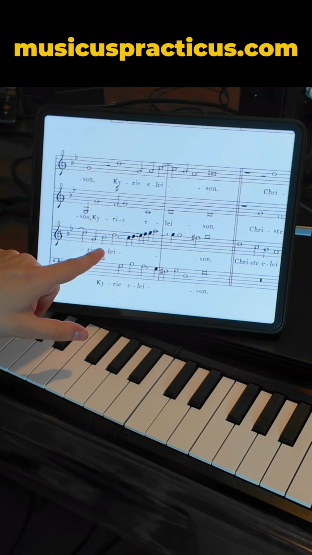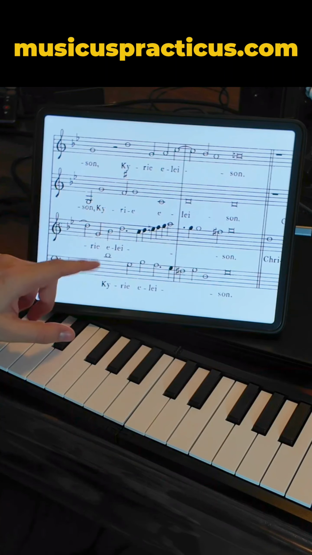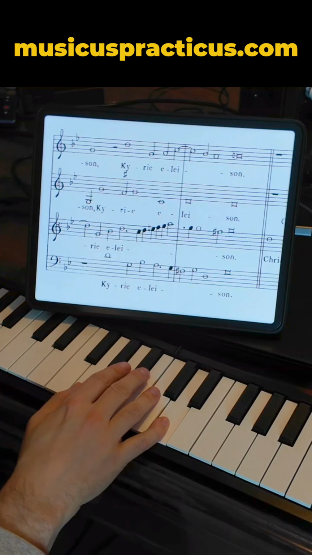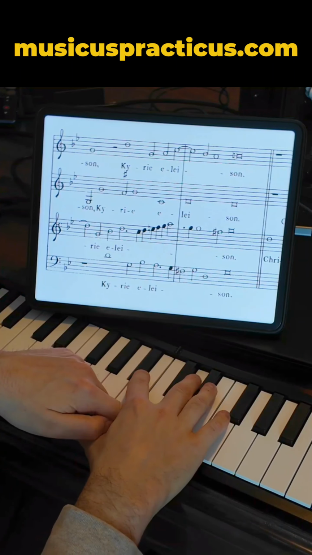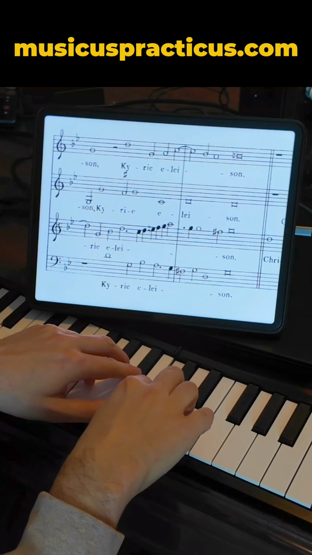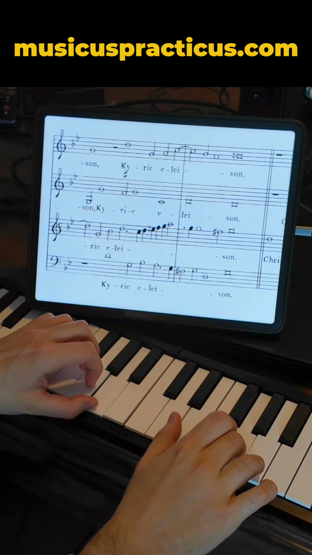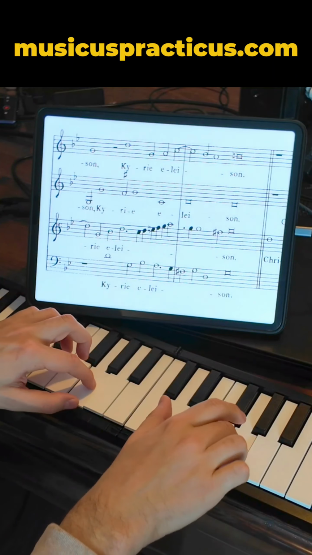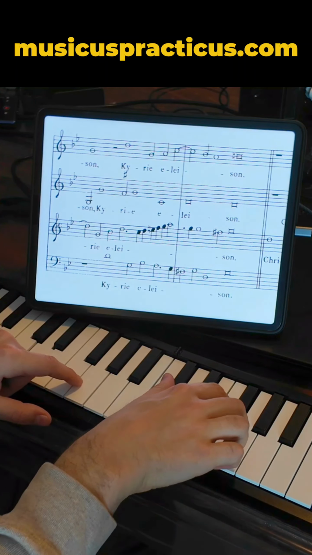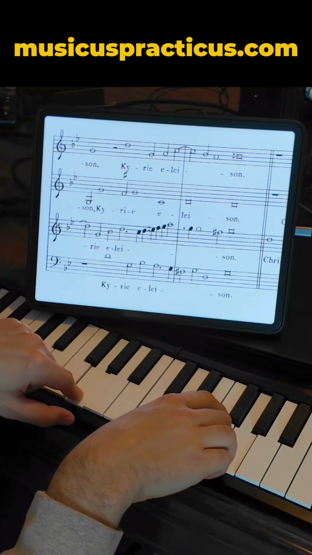But here, first of all, the counterpoint is what is more important. Let's play the bass with the tenor. As you can see. And then we can even play the other voice.